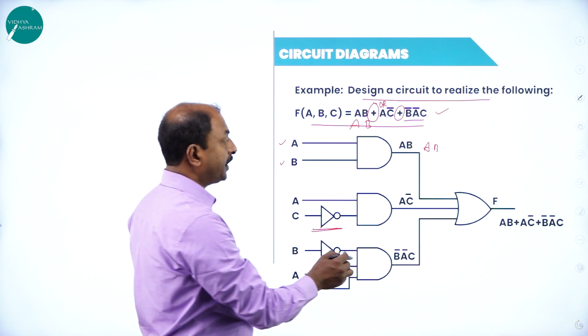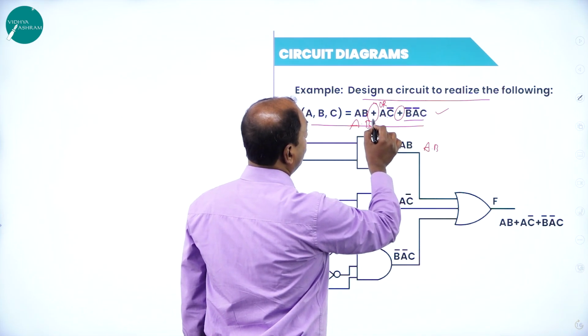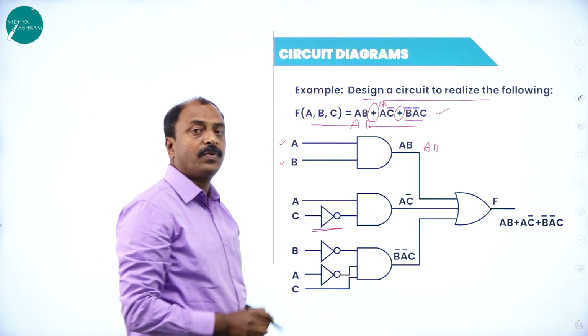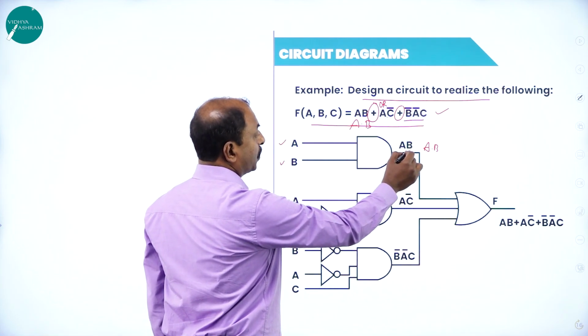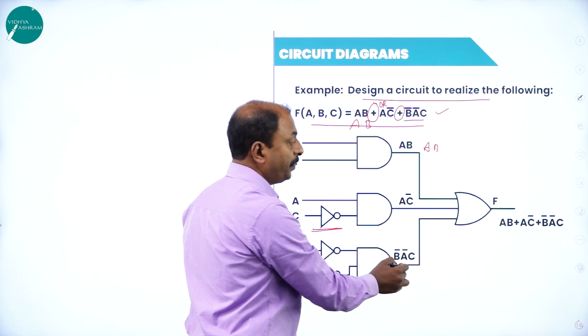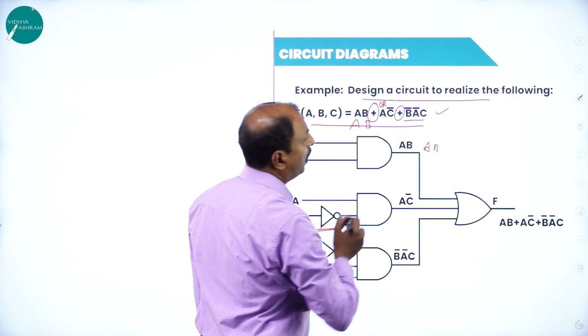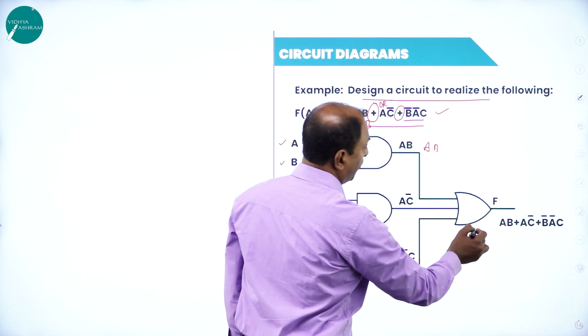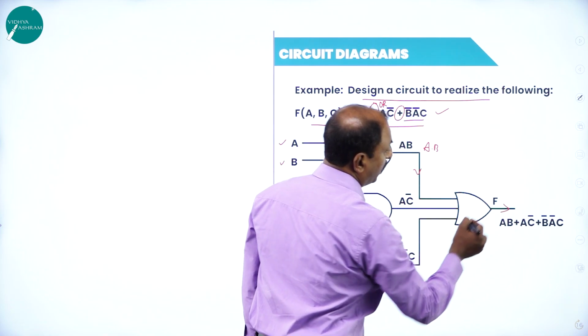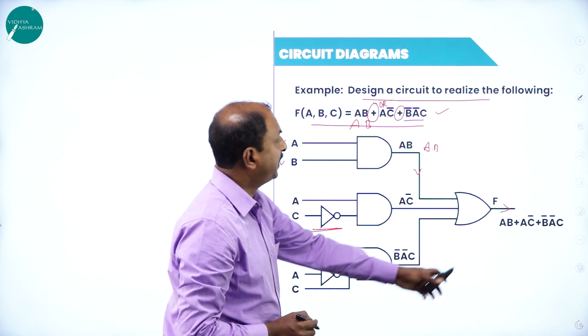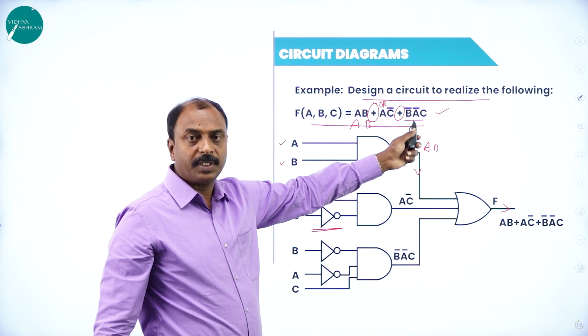And all together, there is a plus. Plus stands for OR gate. So all the outputs of these gates will be the input of this OR gate, and it produces one output. That would be the same equation we were given.